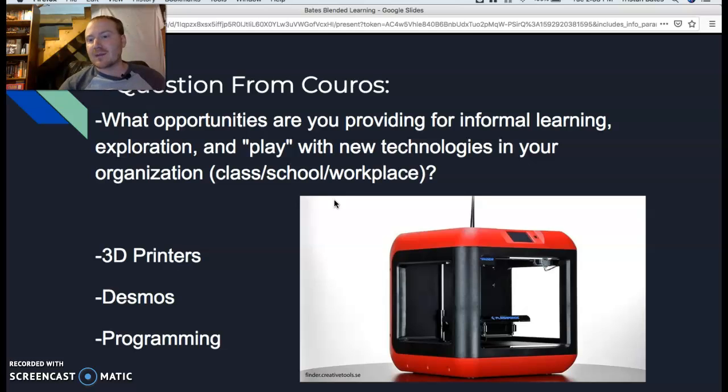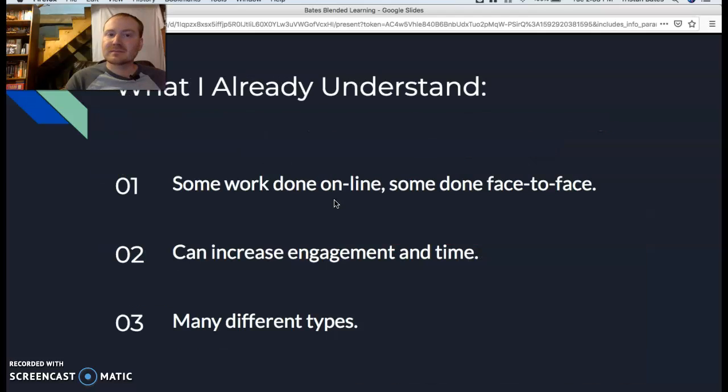They know that they can come to me and ask questions, and even though I'm not an awesome programmer, I still know enough of the basics that I can help them. So those are some stuff that I do in my classroom for informal learning and play with new technology.